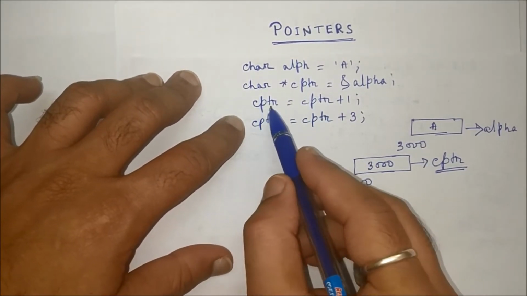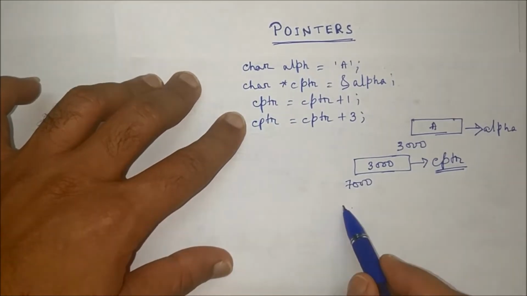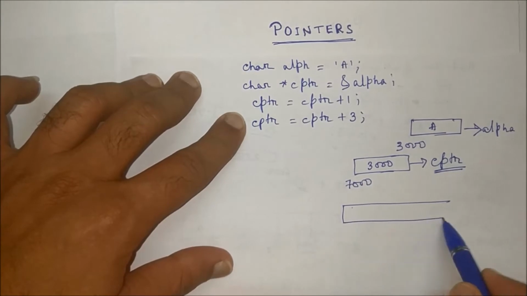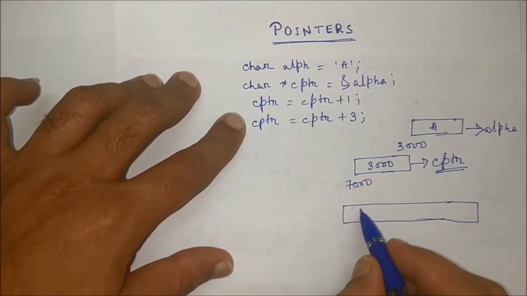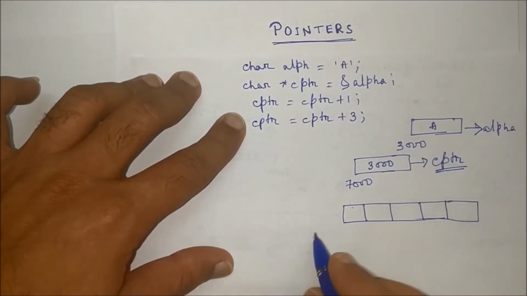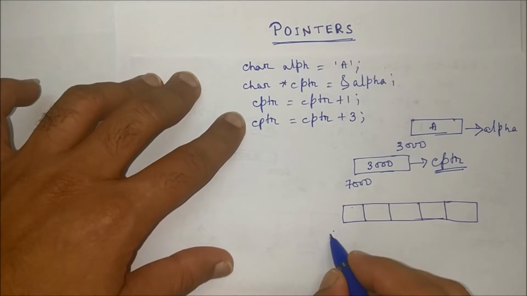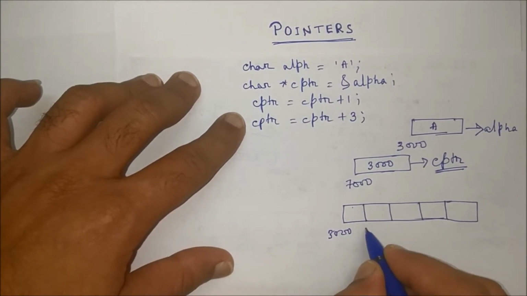This is a character pointer, right? Characters are always 1 byte in the memory space. So if the compiler is only storing character variables in the memory, how will the memory map look? Suppose these are the various character variables stored in the memory, starting at the location 3000. So what will be the next character variable address in the memory?